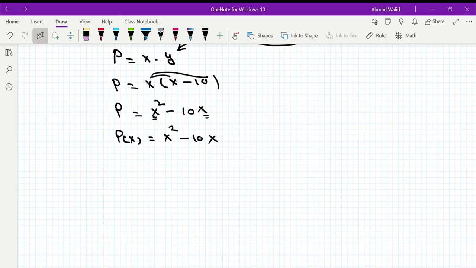Now, for a quadratic function, look for the maximum. Here you have to look for the minimum value of this function. What you do is calculate negative b over 2a first. And here your a is greater than 0.